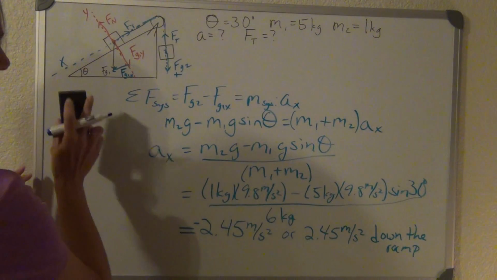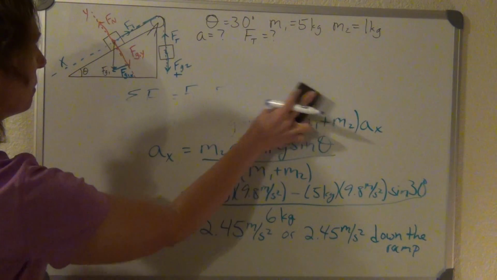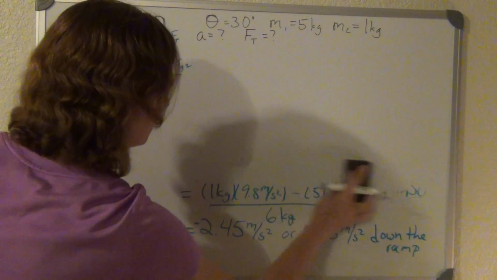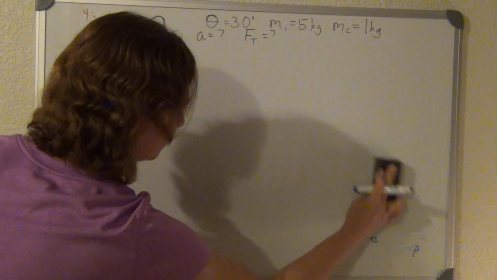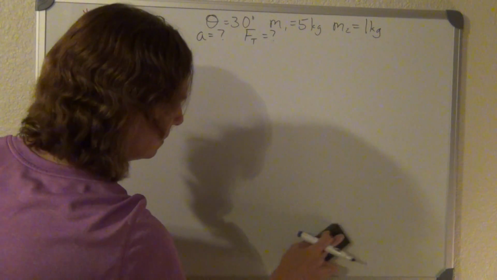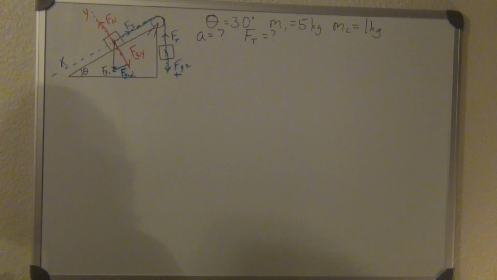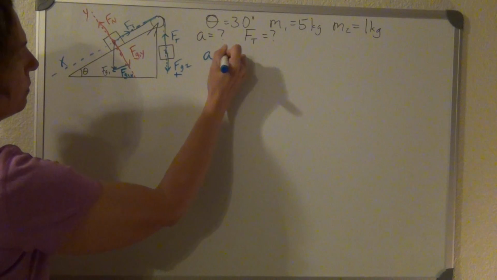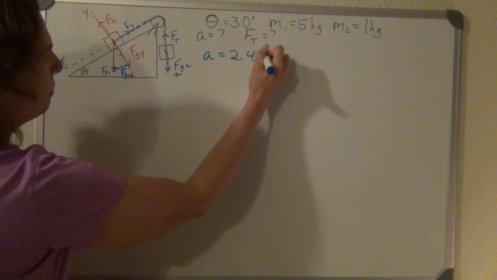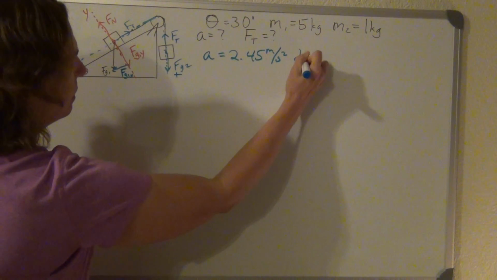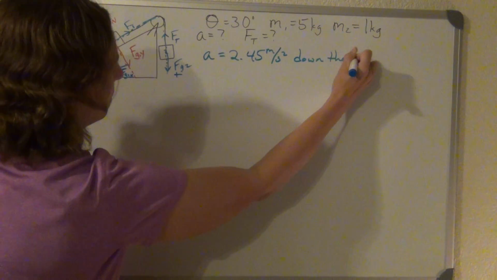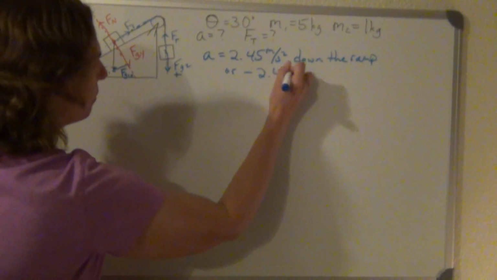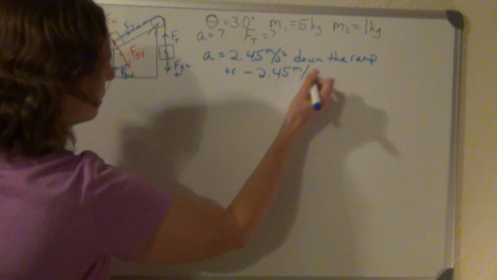Okay. I'll go ahead and take this part off. So we know the fact that the acceleration was 2.45 meters per second squared down the ramp, or based on our notation, negative 2.45 meters per second squared.